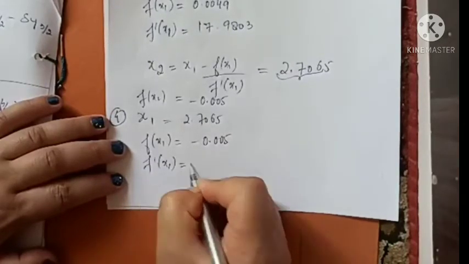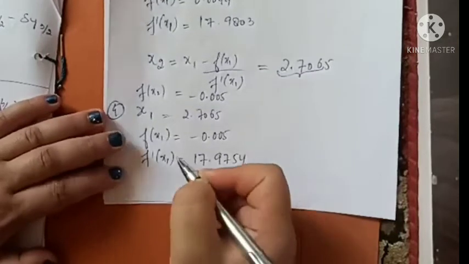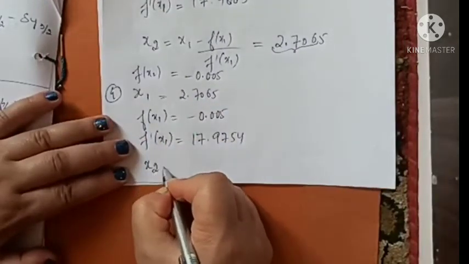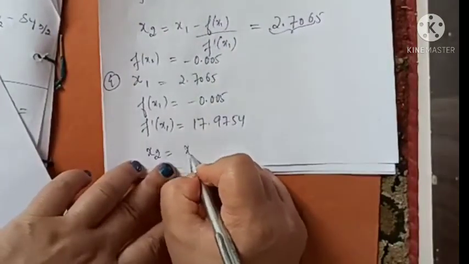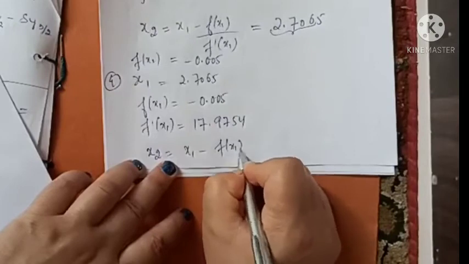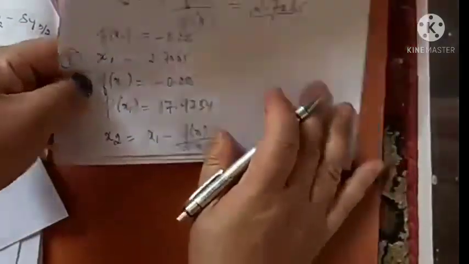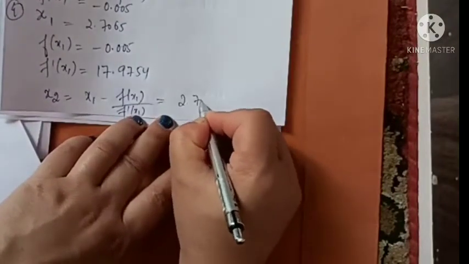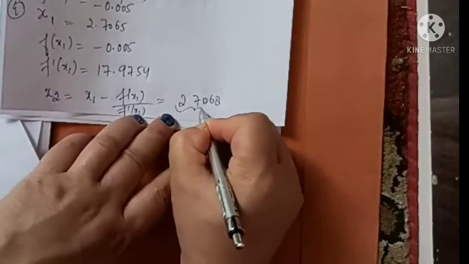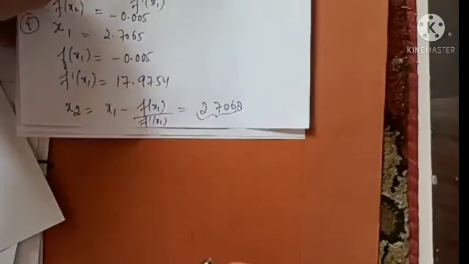Its derivative value will be 17.9754. Calculate the value of x2, that will be x1 minus f of x1 divided by f dash of x1, which equals 2.7068. So again, up to the 4 significant digits the value is the same, so we can write it over here.